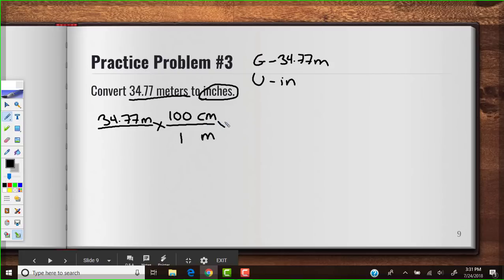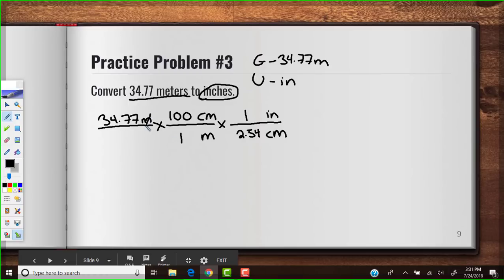So then, again, we look at our units here, not the same as inches, so we need to go one more step. So again, the unit that's on top of the previous step goes in the bottom of the next step. And we look at our chart, there is a direct conversion between centimeters and inches. And if we recall, there's 2.54 centimeters for every 1 inch.